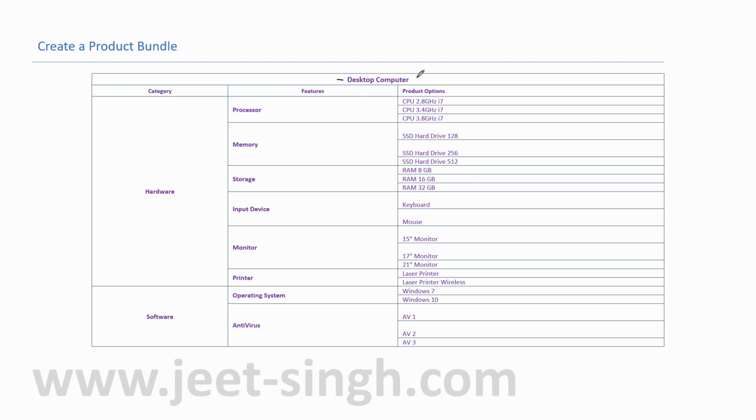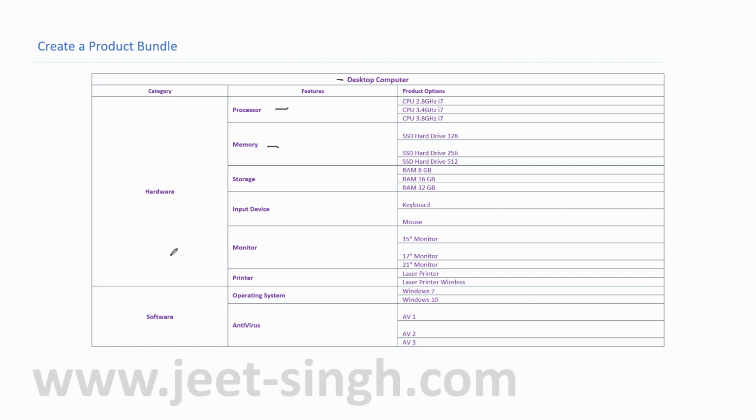So if this is a desktop computer, when I'm selling, there are two categories of child products, I would call it. We have here hardware and software. Under hardware, I have got processor, memory. So this category part, let's not worry much about it for now, because we are just talking about the parent product, options and features. I'll come to this category part.